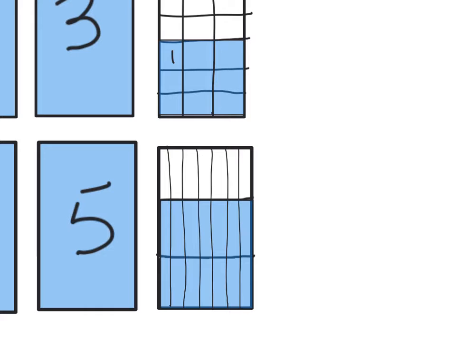And I've got 1, 2, 3, 4, 5, 6, 7, 8, 9, 10, 11, 12, 13, 14, 15, 16, 17, 18, 19, 20, 21, 22, and 23 out of the 21, right? Because these are 21sts.